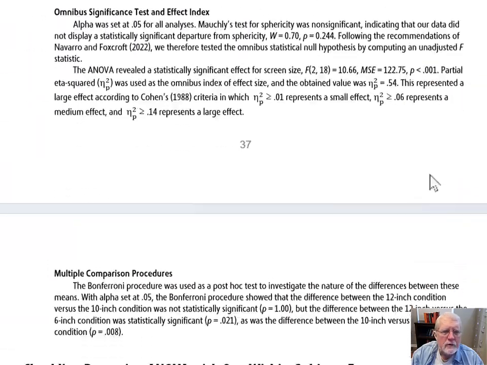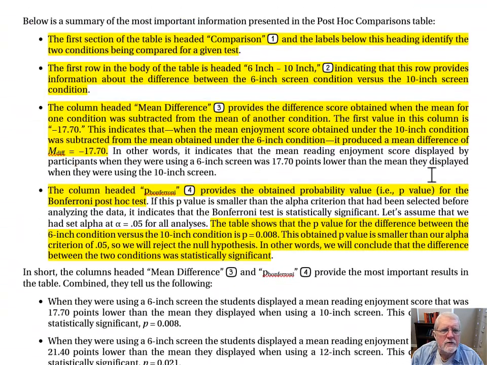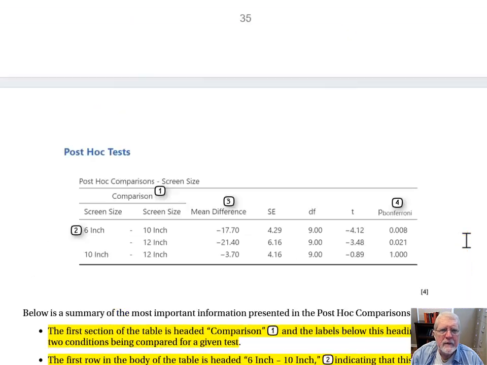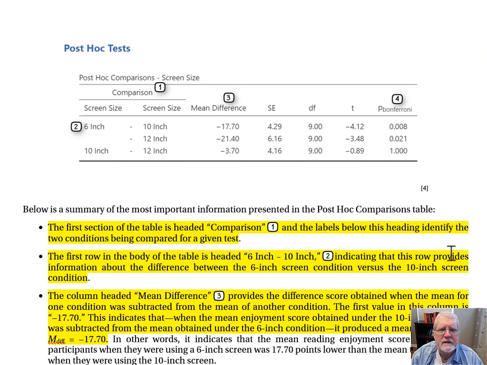Is there any more yellow type? There's no more yellow type, but let's just make sure that everybody understands what is and is not significant here. When we look at this post hoc test table at the top of page 36, as was the case back when we did one-way ANOVA with one between subject factor, the two columns you're going to be most interested in are the column headed mean difference and the column headed P Bonferroni.